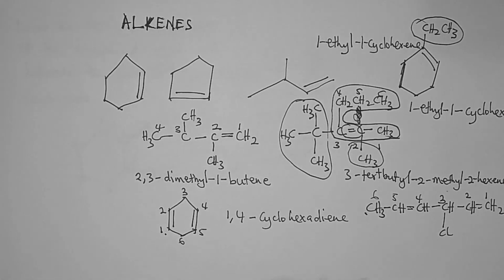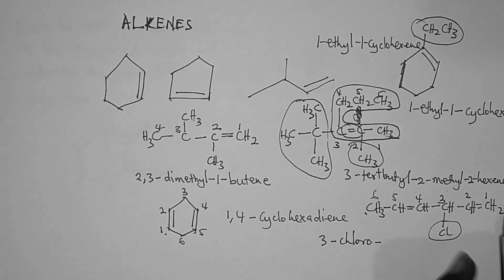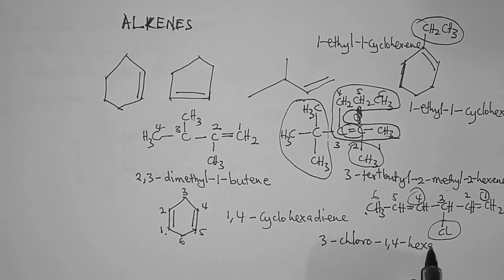So it is a hexadiene. However, we have the double bonds on carbon number 1 and carbon number 4. And we have a chlorine substituent on carbon number 3. So it becomes 3-chloro. Then the double bonds on carbon 1 and carbon 4, so it becomes 3-chloro-1,4-hexadiene.